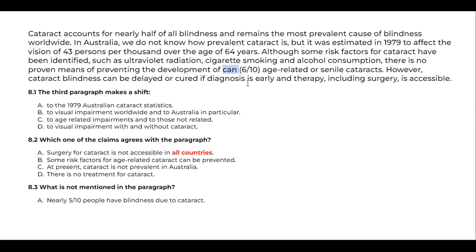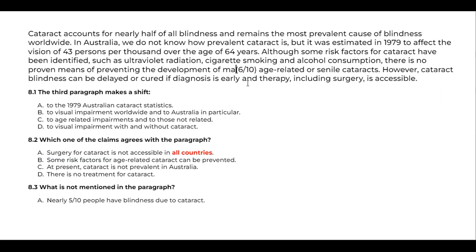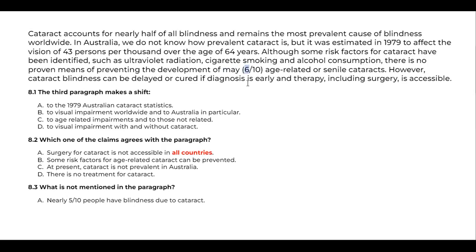Then may is 5 out of 10. Everybody understand this one? These are all exact calculations, but you cannot find that on Google. Please don't check on Google. It won't be available anywhere. And might is 4 out of 10. These are very, very important.